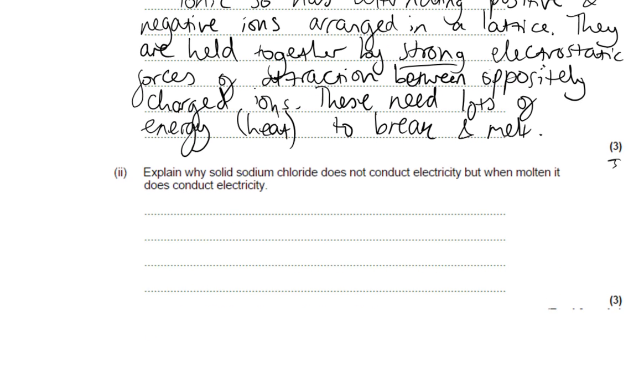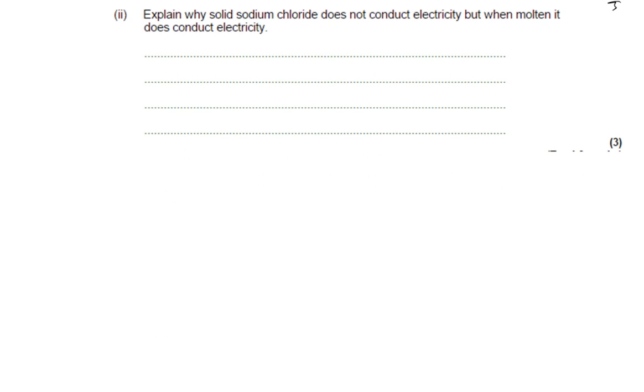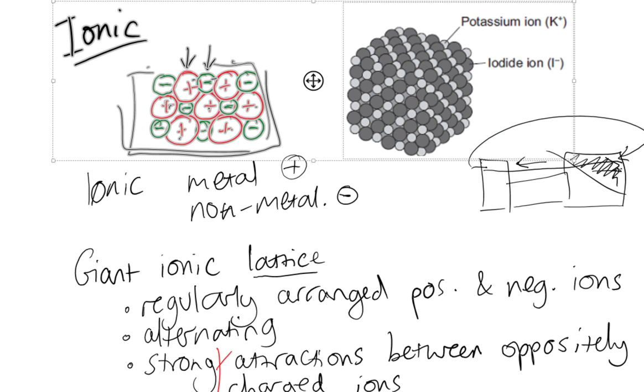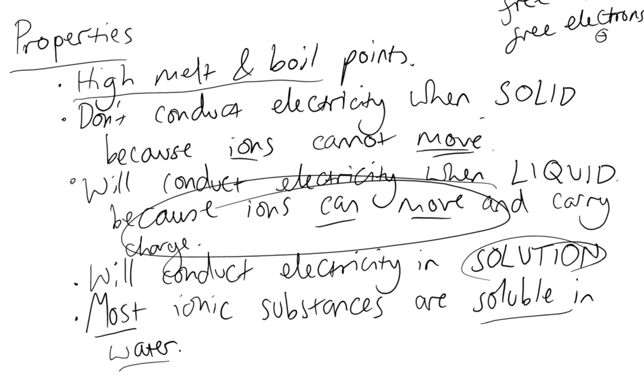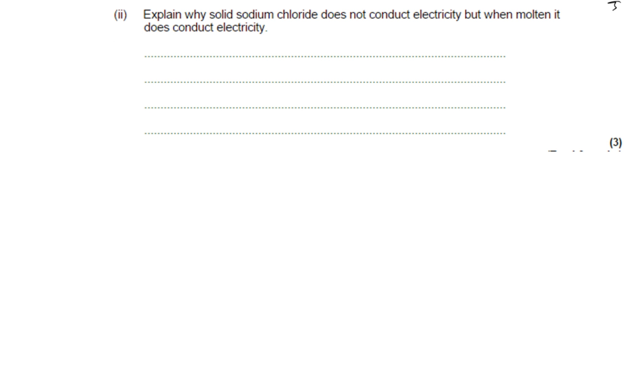Next one, explain why solid sodium chloride does not conduct electricity, but when molten it does. So this comes back to, that was not the right page, this one, comes back to this, ions moving. So if it's liquid or in solution, then it will move the ions around and they can conduct.